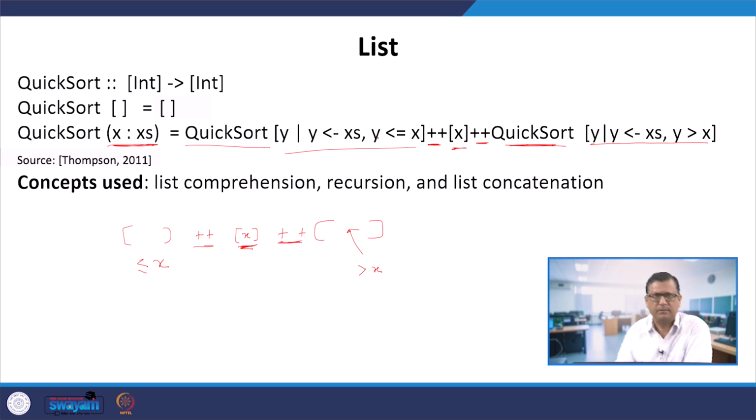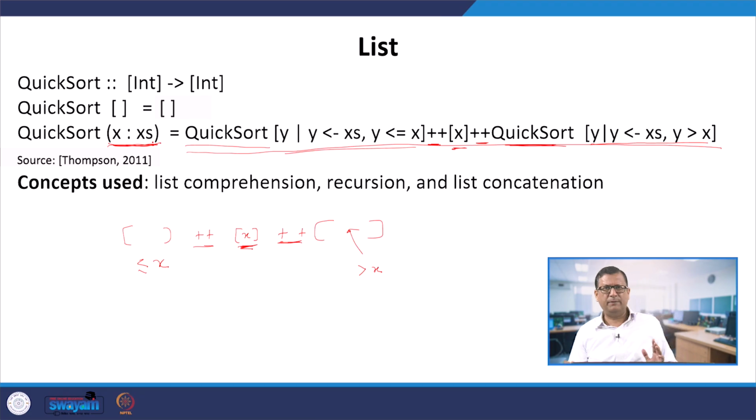So it is important to appreciate how the idea of quicksort is embedded into this definition for when the list is non-empty. It is exactly the definition of quicksort. What is x? X is what is called the pivot.